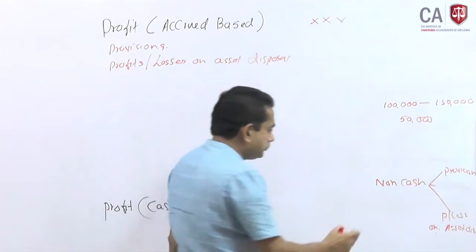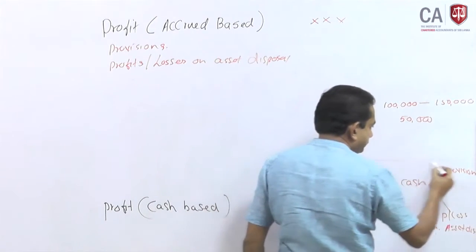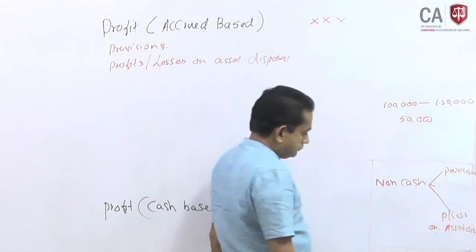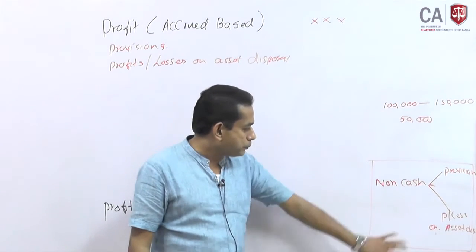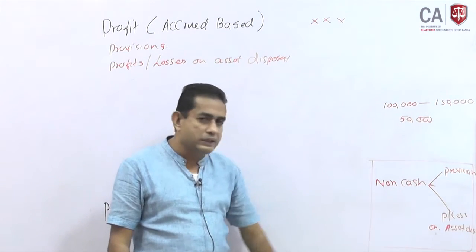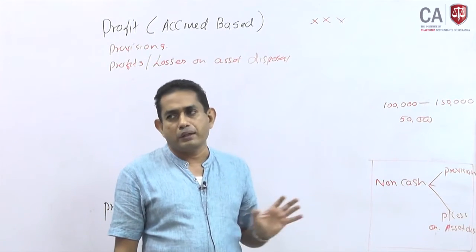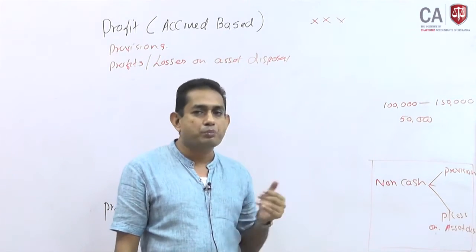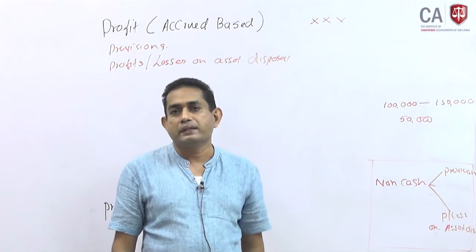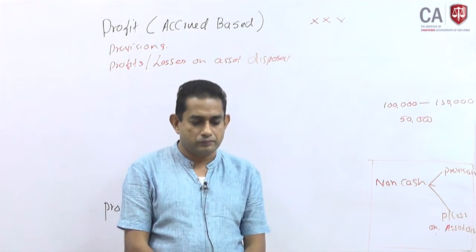So, one particular adjustment is complete, what is it, non-cash transactions. Under non-cash transactions there are two aspects. What are these two aspects? Provisions and asset disposal profits or losses.